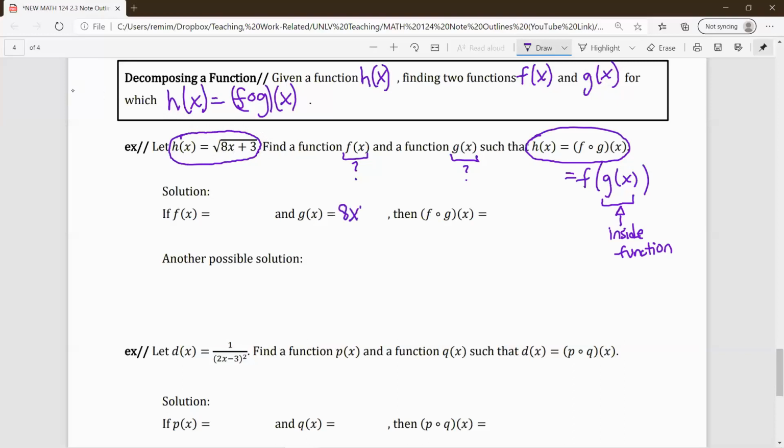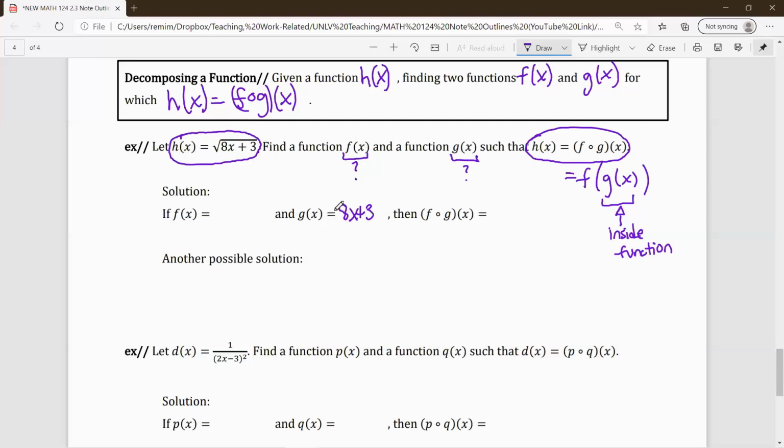Let's try 8x plus 3 for g of x, because that's supposed to be our inside function, and 8x plus 3 looks like it's on the inside. And then we would have to go from there and work our way outward and ask ourselves, well, if that's the inside function, and we're plugging this inside function in somewhere to make it look overall like the square root of 8x plus 3, what does our outside function have to be?